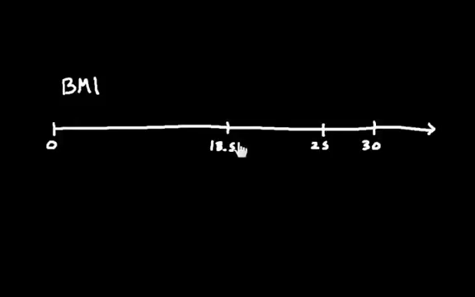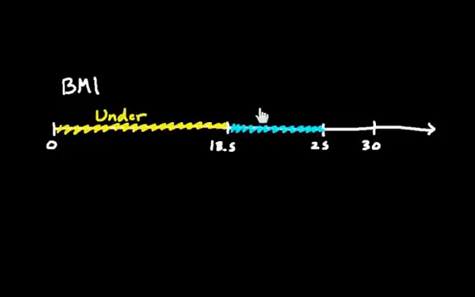And they said, okay, if your BMI as an adult is somewhere between 0 and 18.5, then you're underweight. I'm just going to write under. And if you're between 18.5 and 25, you're in a very healthy range.